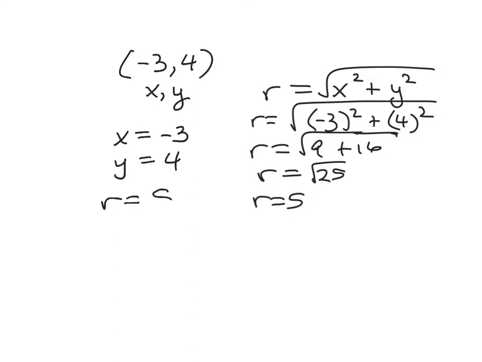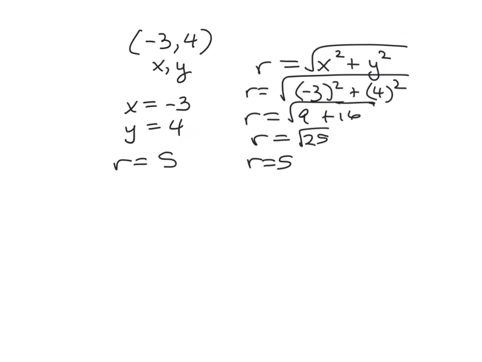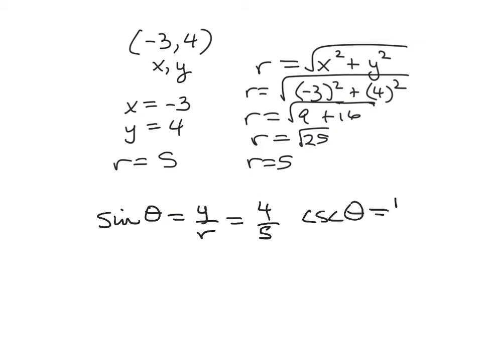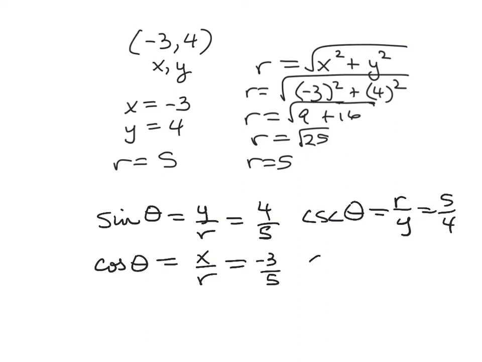Now that I found the values of x, y, and r, I'm going to put them into the 6 trig functions that you memorized from the Brown book. Remember, sine of theta is y over r. So 4 over 5. Cosecant, r over y. Cosine theta is equal to x over r, -3 over 5.